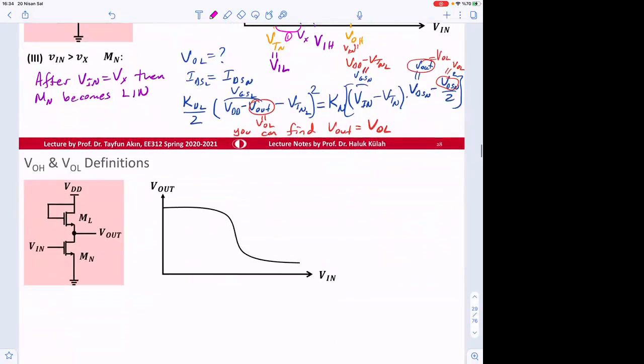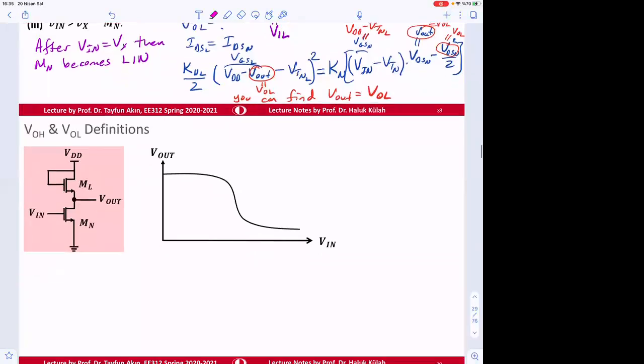So I guess we already have found the output low and output high cases. So the definitions are given. Maybe we should draw this again. This is not going to go this way, by the way. As you know, this will go like this, and then after that, it will be going like that.